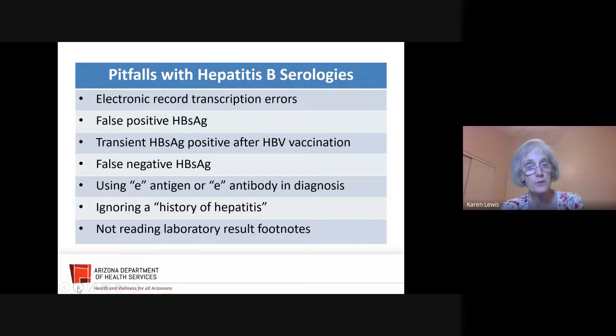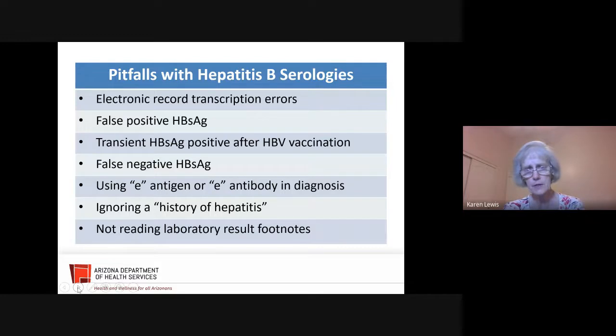I mentioned the false positive surface antigen. I didn't mention this: every once in a while, after you get a hepatitis B vaccine, you can have a transient positive test for surface antigen. Why? Because the vaccine is composed of surface antigen.